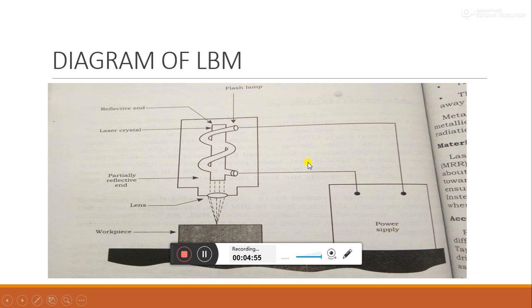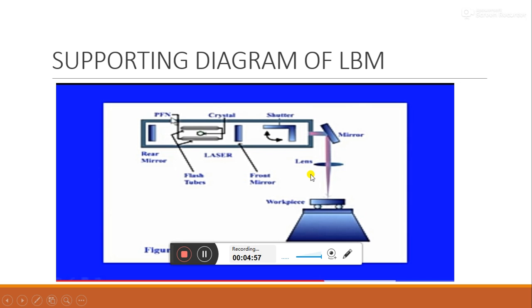Now let's go to the supporting diagram of laser beam machining. In the supporting diagram, this rectangle is the laser, and this thing is the laser crystal or the lasing material. This lasing material is energized using these two tubes.